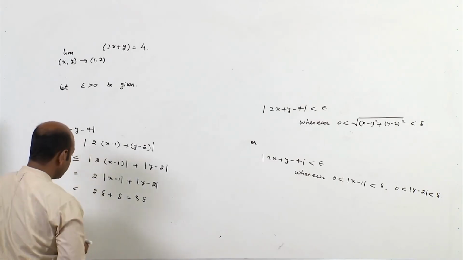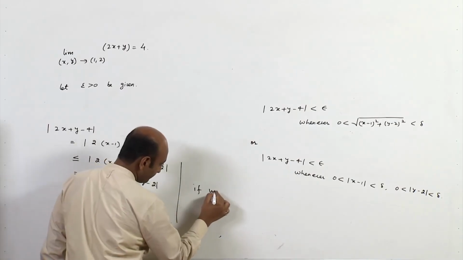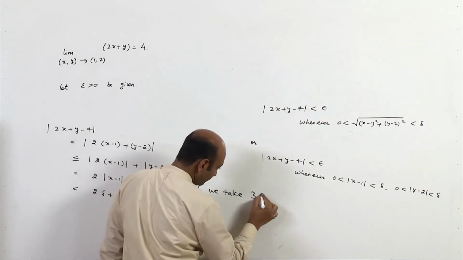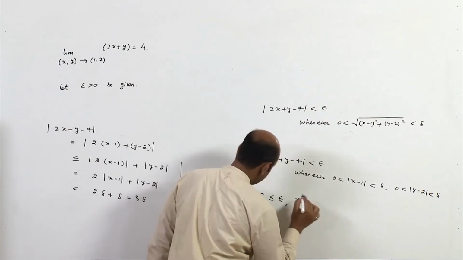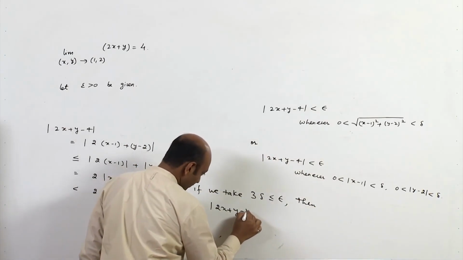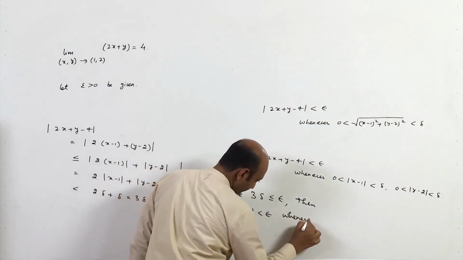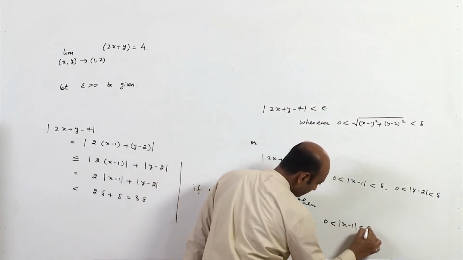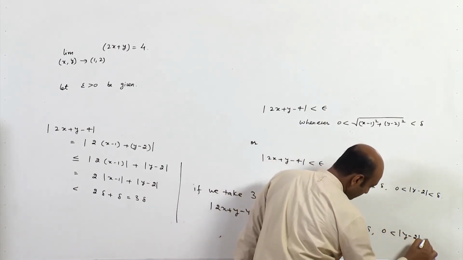So if we choose 3 delta less than or equal to epsilon, then mod of 2x plus y minus 4 is less than epsilon whenever 0 less than mod x minus 1 less than delta and 0 less than mod y minus 2 less than delta.